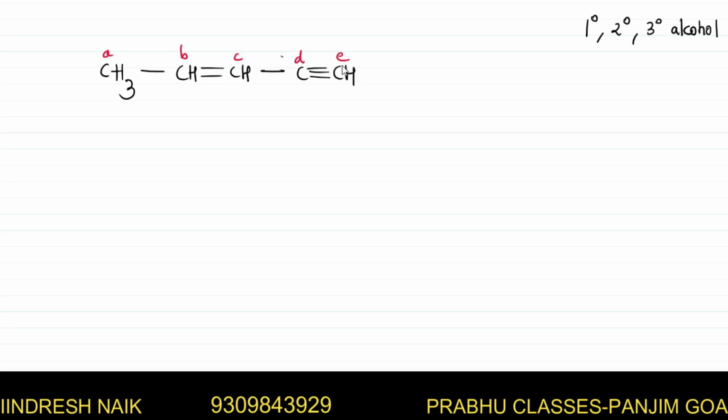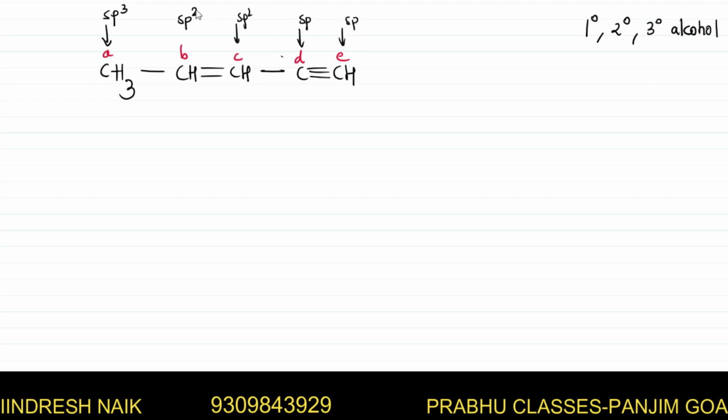This is E and this is E, right? So what is the hybridization? The hybridization of this carbon is sp3. Hybridization of this carbon is sp2. Hybridization of this carbon is sp2. Hybridization of this carbon is sp and hybridization of this carbon is also sp.